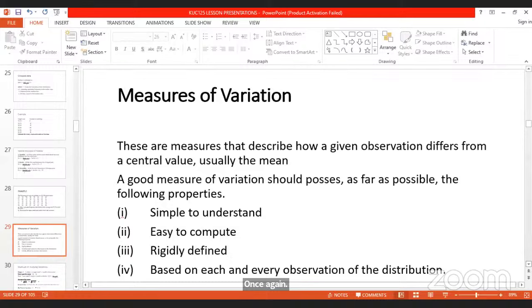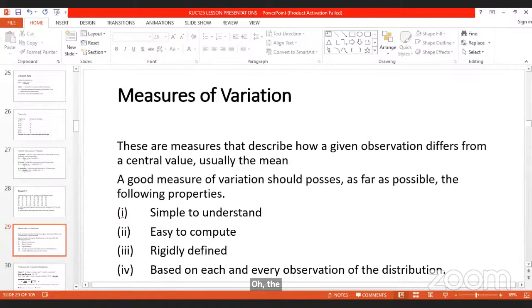Now let us proceed and look at the final part. Measures of variation in terms of analysis. We have been looking at measures of central tendency.